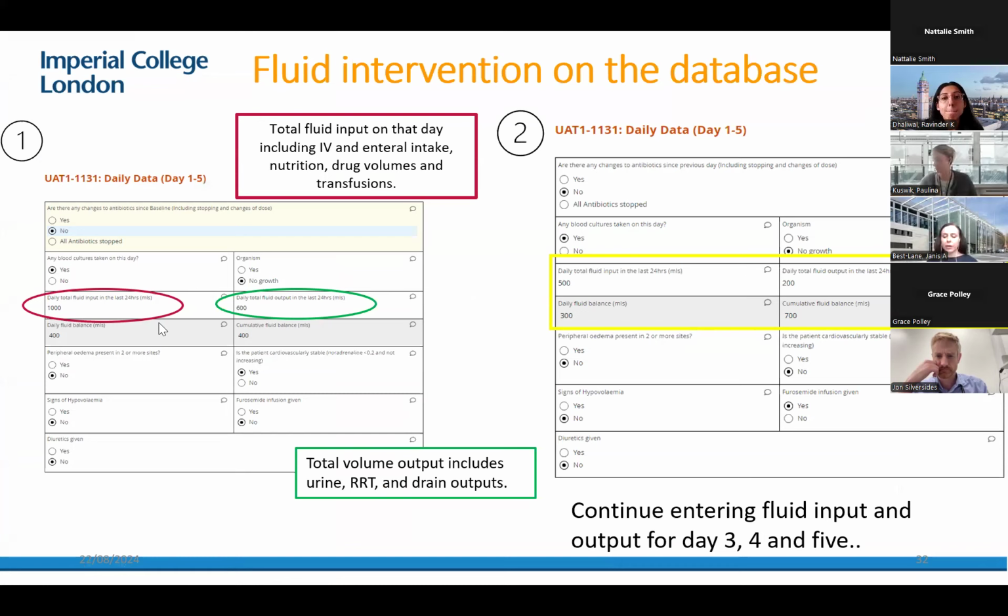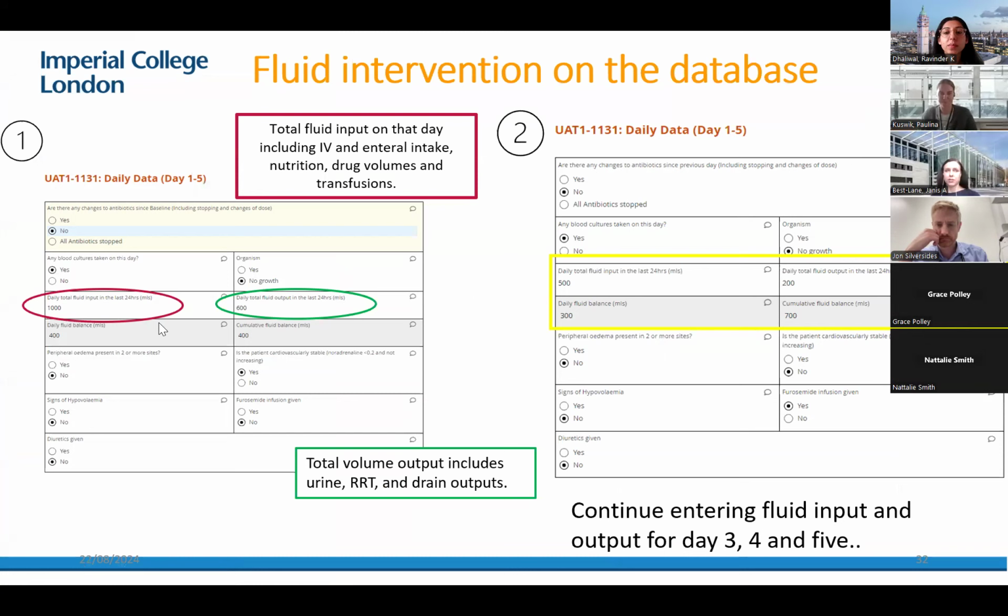When we move on to the ward, we do realize that some of that is out of our control. So we would just say, do what you can. It's great that you're adding comments too, just to explain if there are some gaps in the fluid. But I think that's all we can do, just enter the data that you have, and we'll review the comments as they come in. Yeah, that's fine. Thank you so much. No problem.